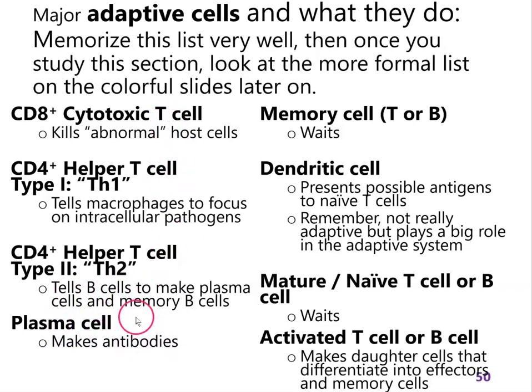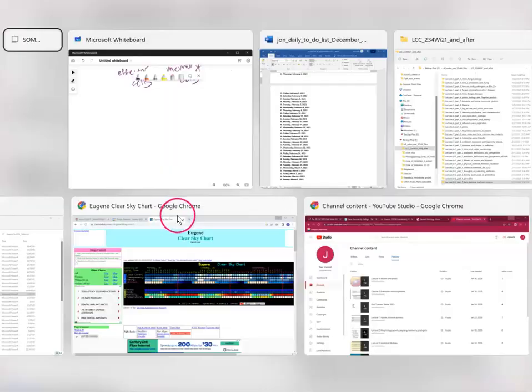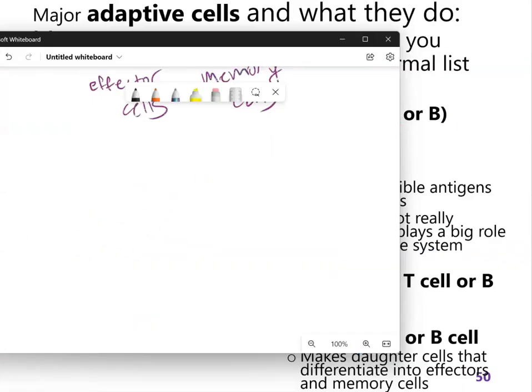So let me clarify these 2. Let me just write these in a less formal way. So I'm going to give you the helper TH1 function. And you can go back and see what a TH1 is.